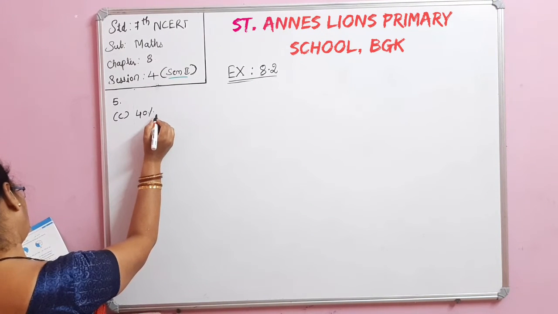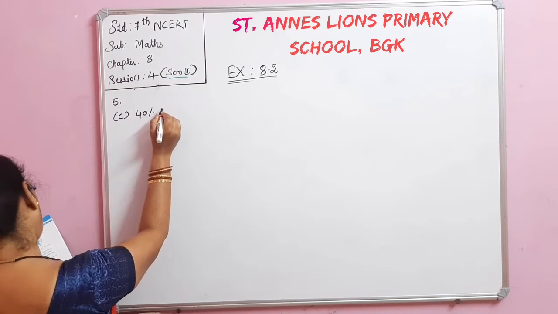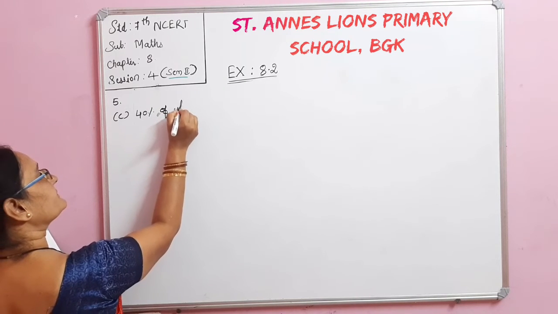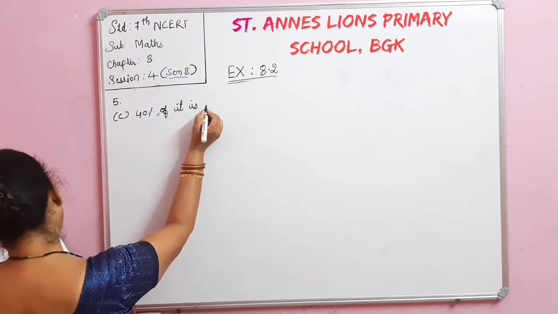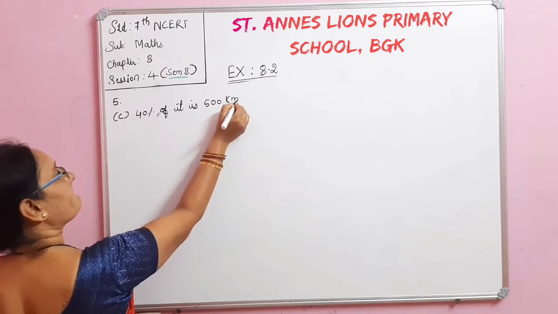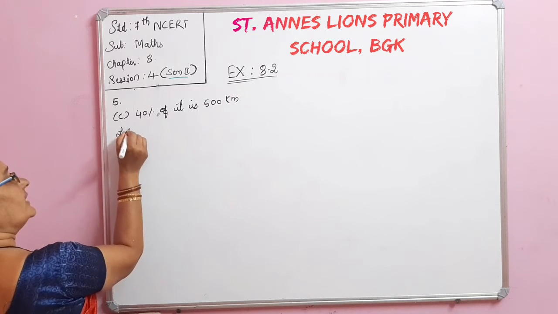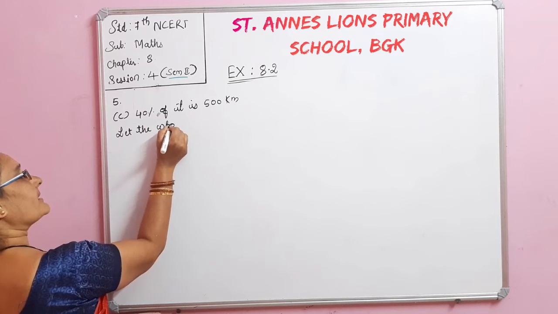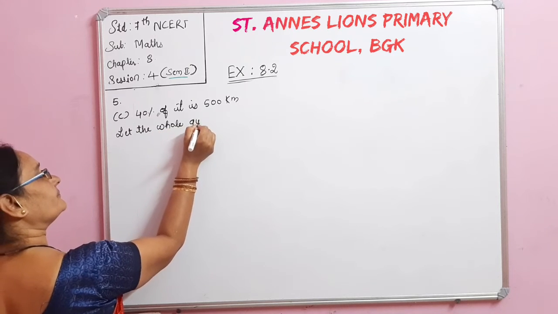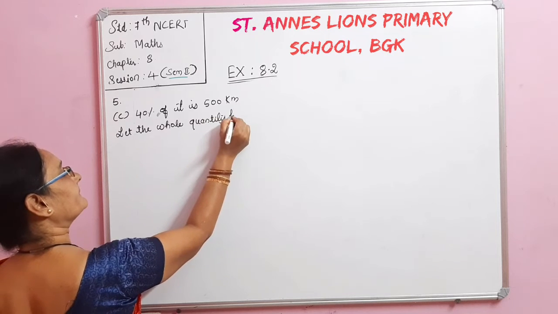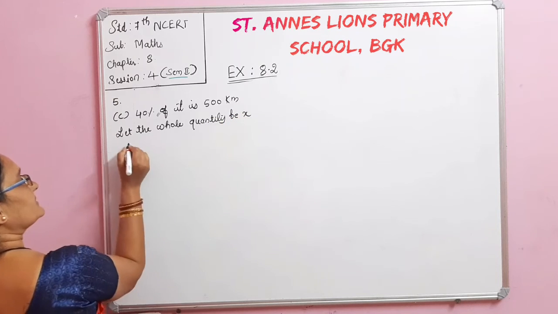Now the fifth main, third one, 40% of it is 500 kilometer. First what we have to do? Let the whole quantity be x.